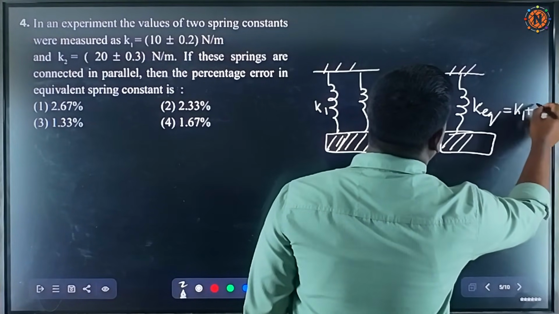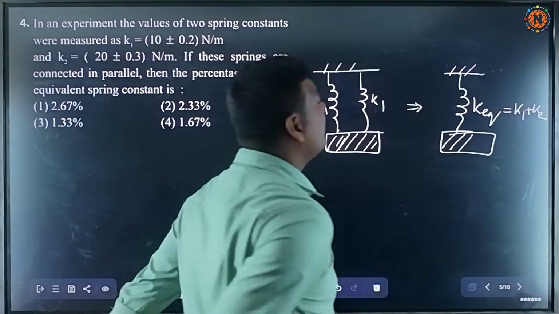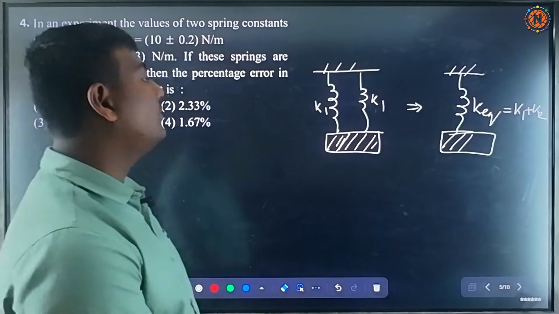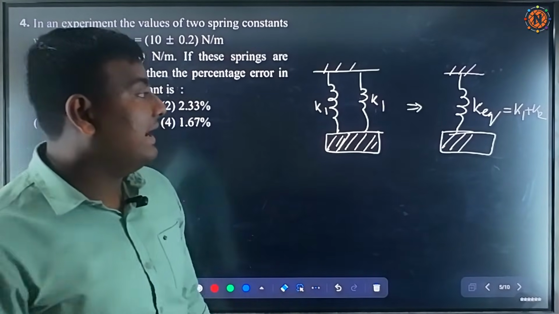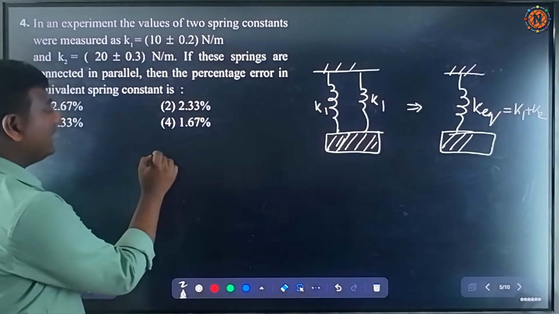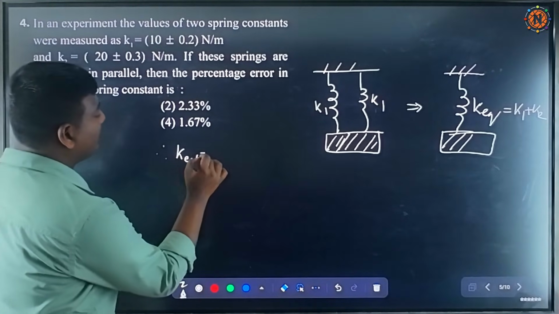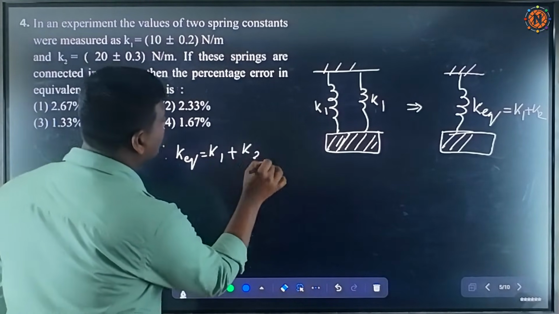There will be just addition, K1 plus K2. This is the main rule. If two springs are in parallel, their equivalent spring constant is just added. So K equivalent is nothing but K1 plus K2.